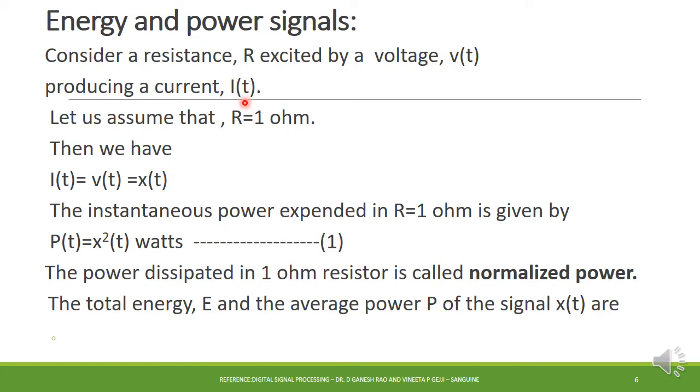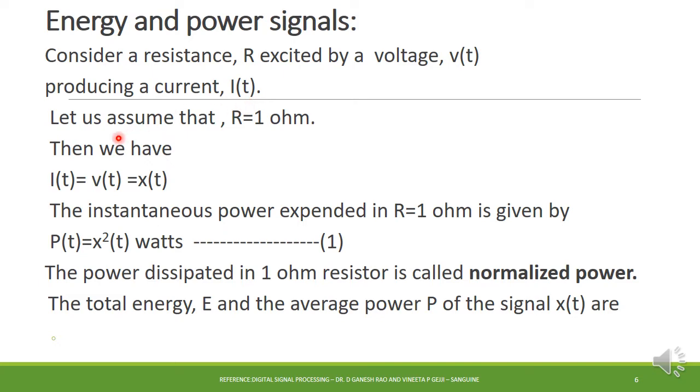A simple circuit has a resistance connected. You are applying voltage to that resistance, and current is produced. R is the resistance, excited voltage is V of t, and the current produced is I of t.